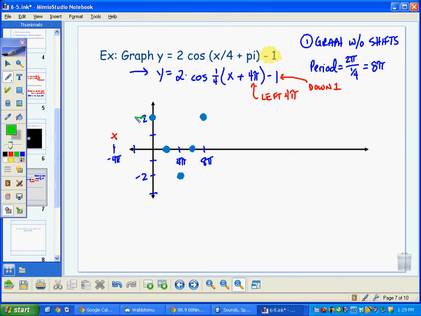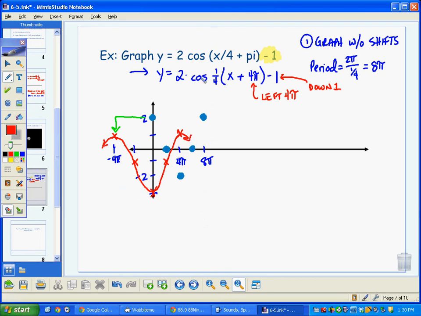Then I'll do the same thing to the next one, and the next, and the next: 2 tick marks to the left, and down 1. And then I connect the dots. And that will give me one cycle of this cosine function.